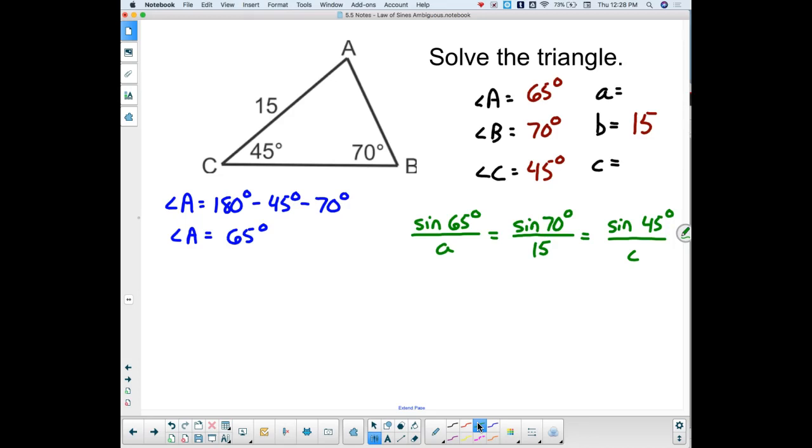Otherwise, we can't use the law of sines. That's the limitation to the law of sines, which is when the law of cosines comes into play. Yeah?